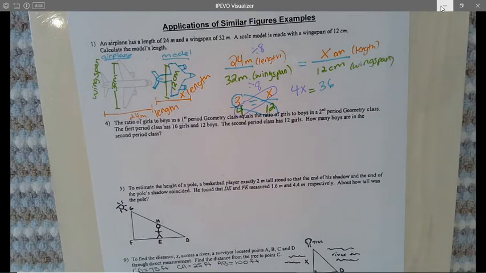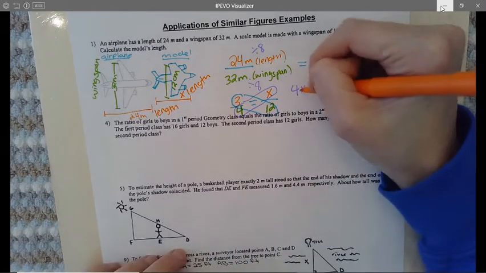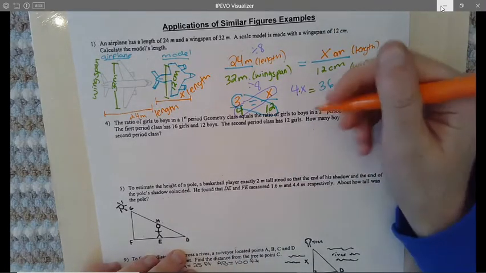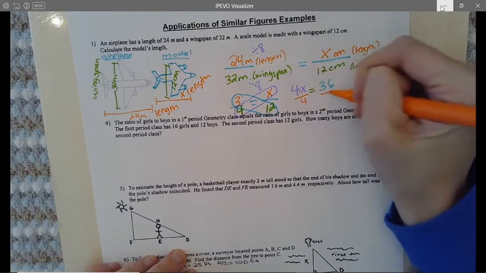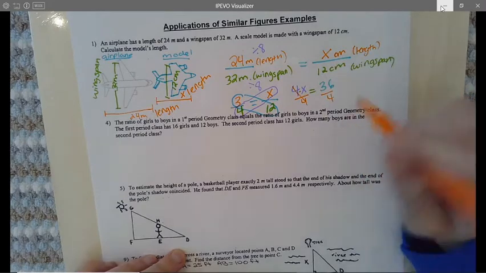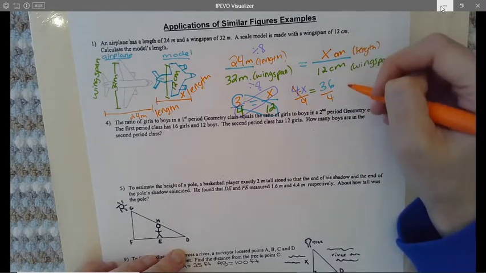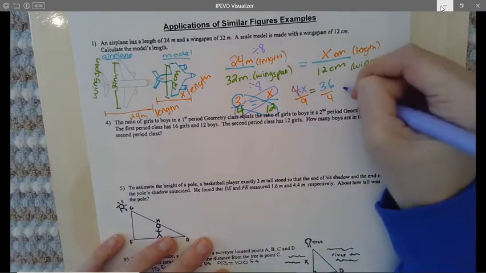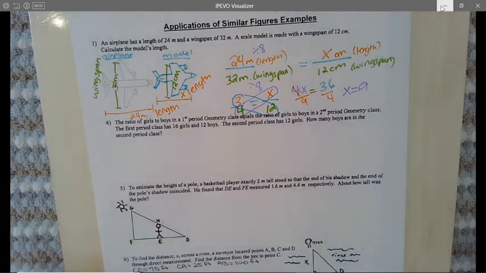From here, I'm just going to solve for X. Currently the 4 and the X are secretly multiplying, so the way I move my 4 to the other side is by dividing by 4 on both sides. 4 divided by 4 cancels and turns to 1, and 36 over 4 is 9.